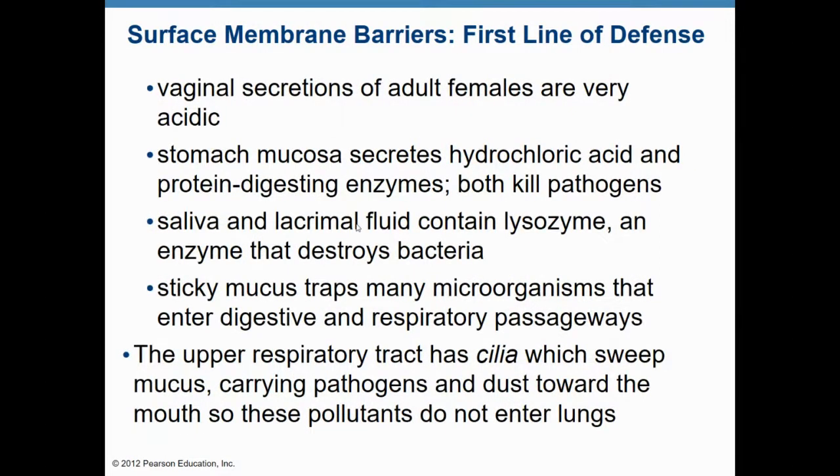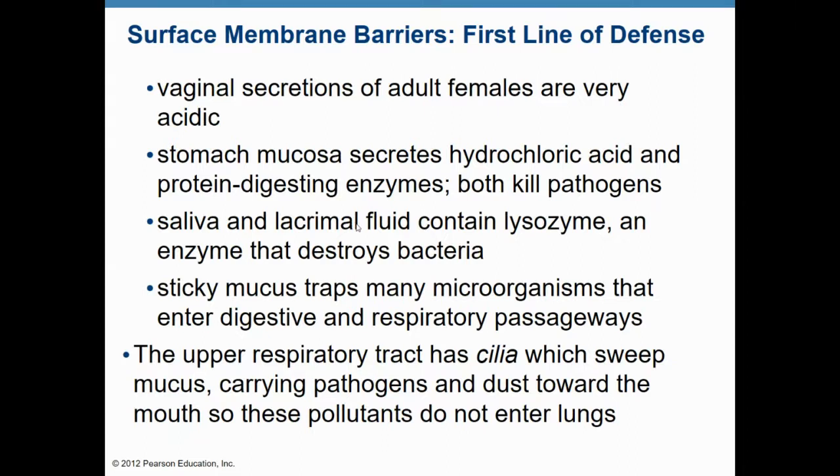Other mucous membranes: in females, the vagina has secretions that are very low in pH, so they're very acidic, and that's going to prevent bad bacteria from being able to colonize. The mucosa of your stomach secretes hydrochloric acid and protein-digesting enzymes. Both of those kill pathogens. Saliva from the salivary glands and tears from your lacrimal glands contain something called lysozyme, which is an enzyme that can destroy bacteria.